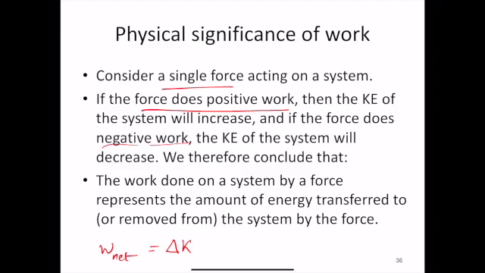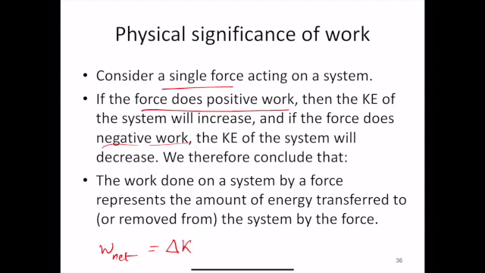And so from there, you can conclude that the work done on a system by a force simply represents the amount of energy transferred to the system or removed from the system by that force. So if the force does 5 joules of positive work, that means 5 joules of energy have been transferred to the system, and the total energy budget of the system went up by 5 joules.